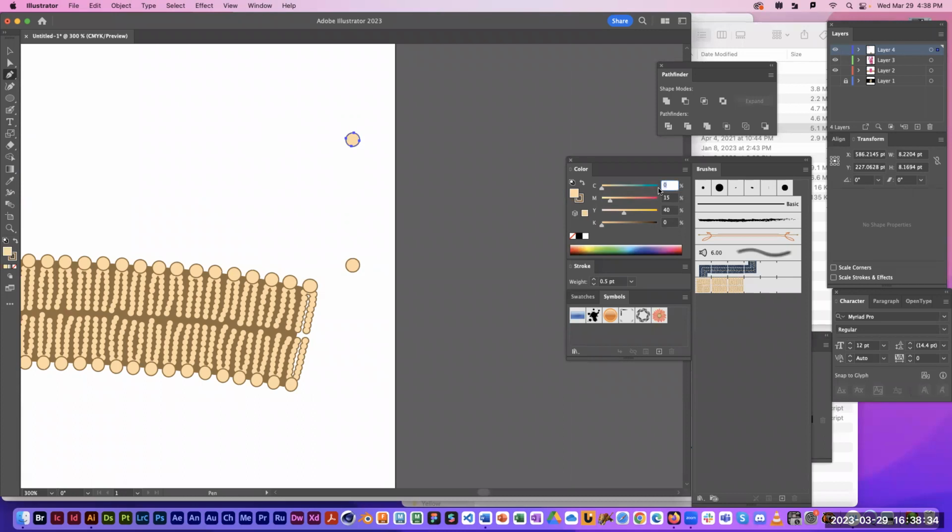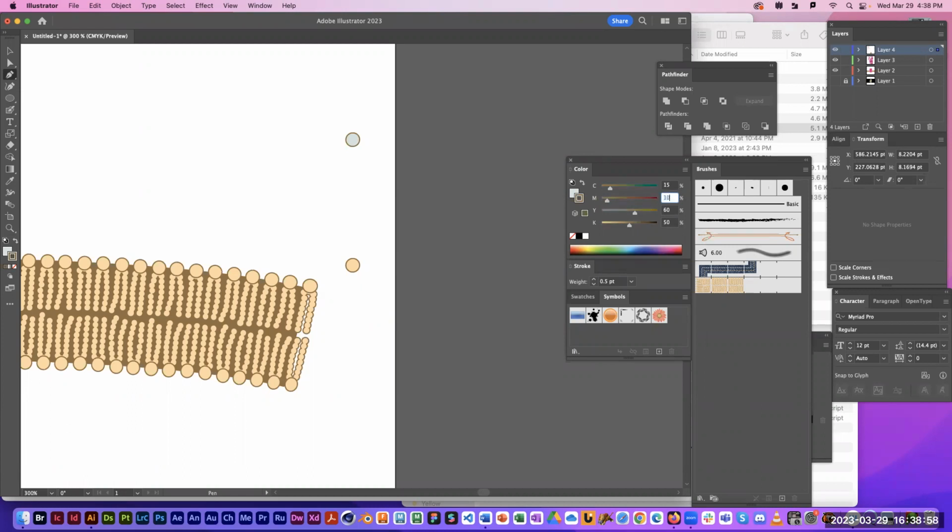So we'll do, say, 15, 5, and 10. Might do the same thing with the stroke on it. I might give it a little bit of cyan and reduce the amount of magenta, yellow, and black, so it's not such a dark stroke.